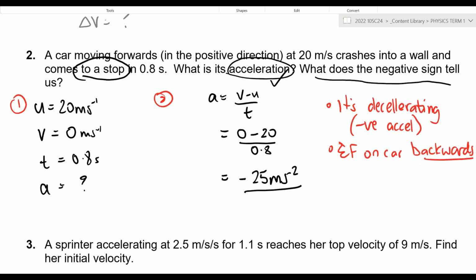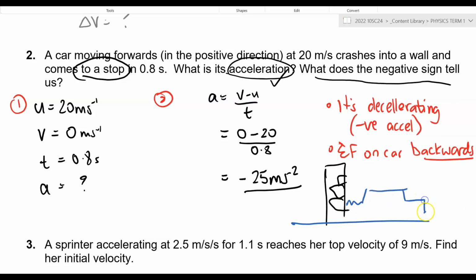So if I draw a kind of diagram, of course, there's our brick wall. The car crashes into a wall and is going to end up something like a big crumpled zone. There's our car, I'm clearly not much of an artist, our gangster car, and it was going forwards.